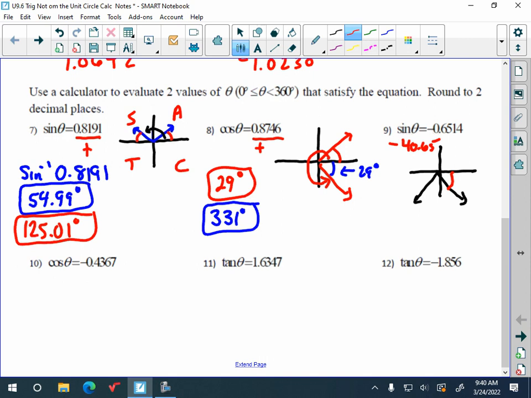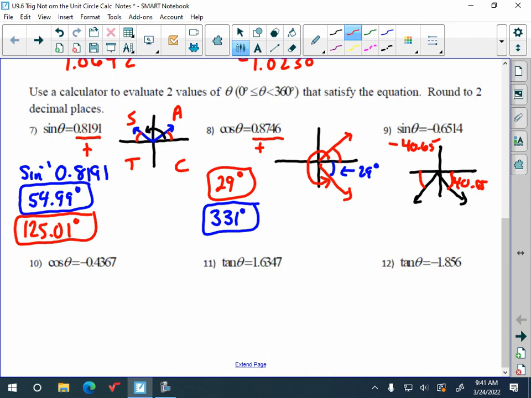But that's just a reference angle, and because it's a reference angle, we can say it's also just 40.65. All right, well, this angle right here is also congruent to this angle right here. All right, so if I know this is 40.65, how can I find this angle right here?